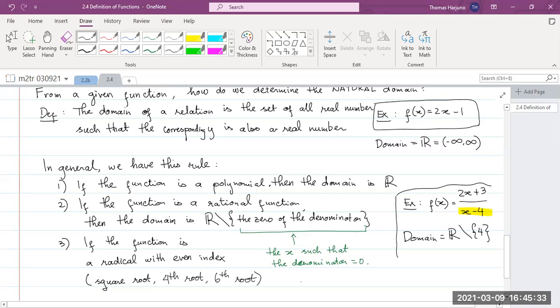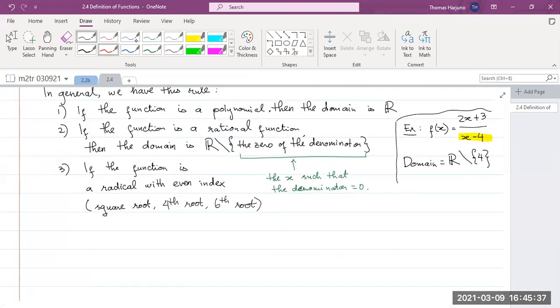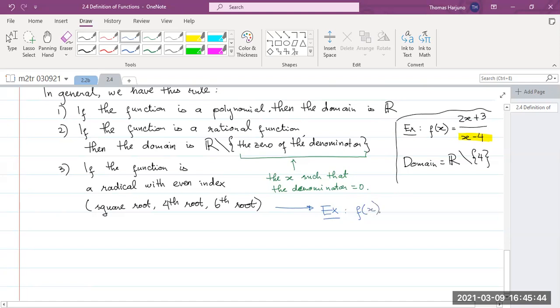Let's do a little example of what we mean by even index. For example, f(x) equals the square root of x squared minus 3x, let's say. Now that's an even index, right?